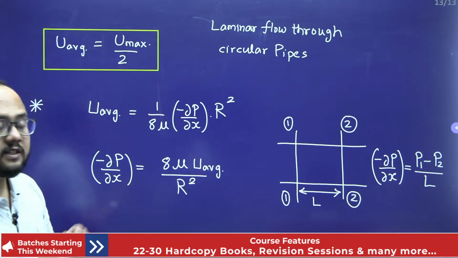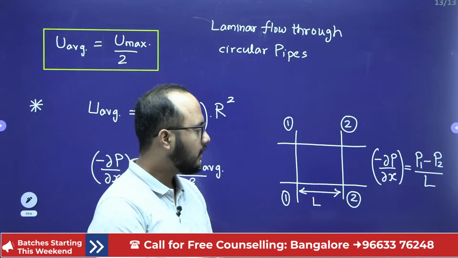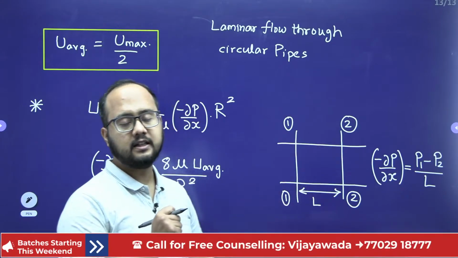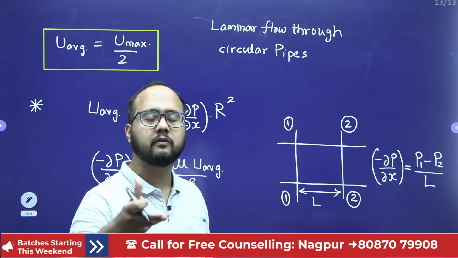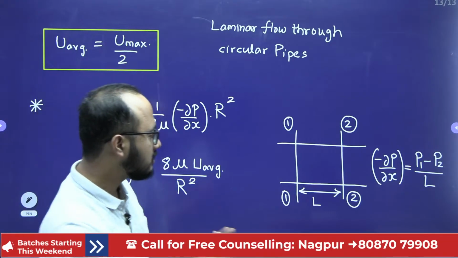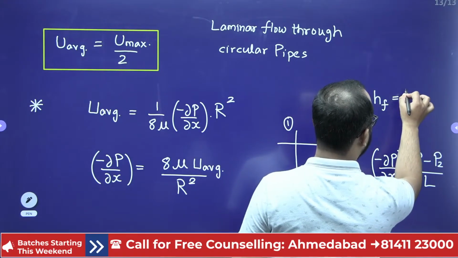Now P1 minus P2 is the pressure difference, basically. Using Bernoulli's equation between 1 and 2, I can write it simply as the specific weight multiplied by the head loss, because head loss will be the pressure head difference.